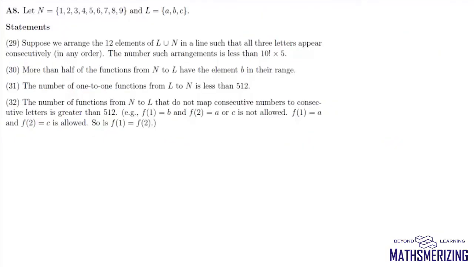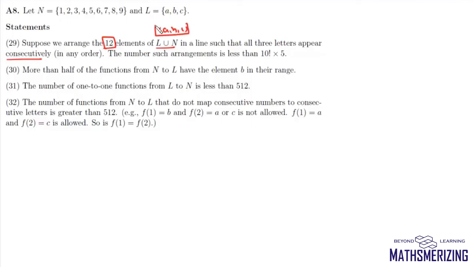Now in question number 8, we are given two sets: N, which is 1, 2, 3, 4, 5, 6, 7, 8, 9, and L, which is A, B and C. Now statement 29 is, suppose we arrange 12 elements in a line such that all three letters appear consecutively in any order. The number of such arrangements is less than factorial 10 into 5. Now we have to arrange 12 elements. Out of these 12, the three elements A, B and C must occur together.